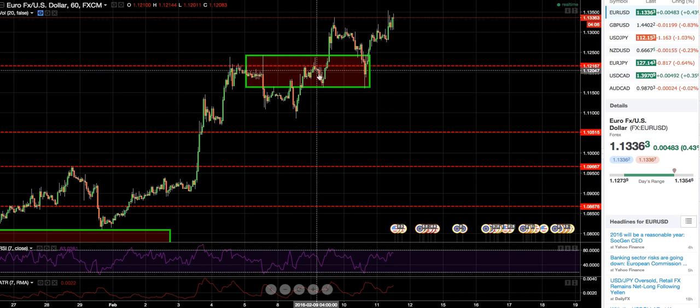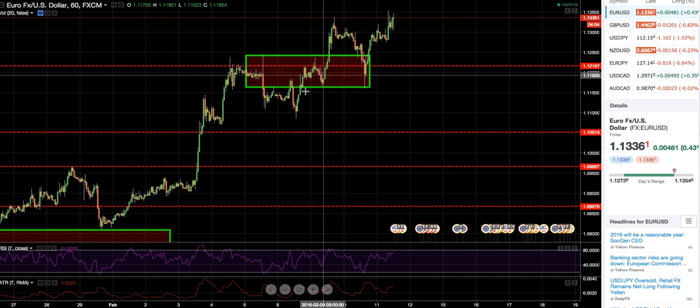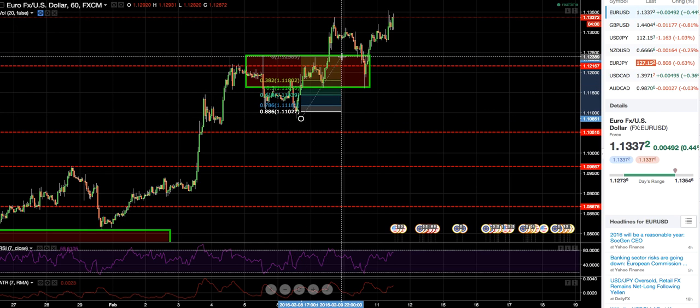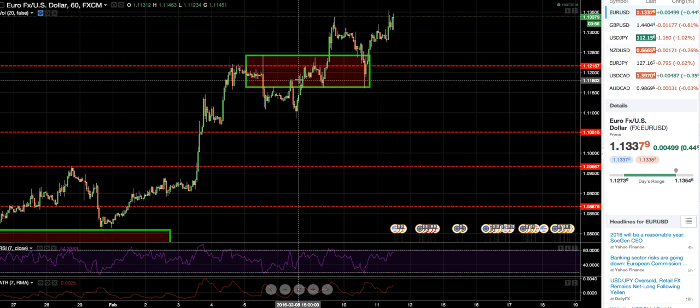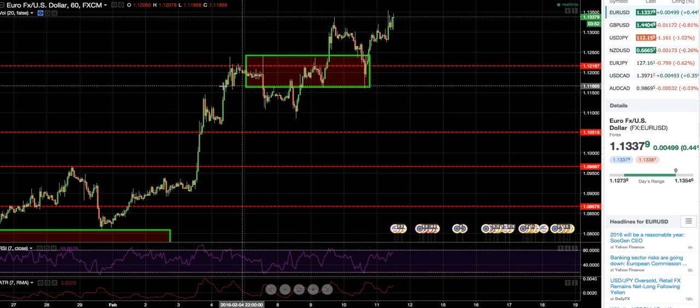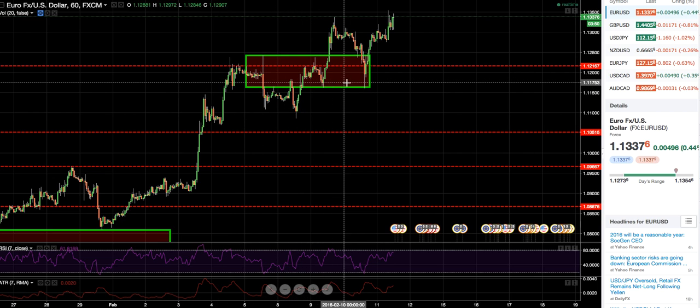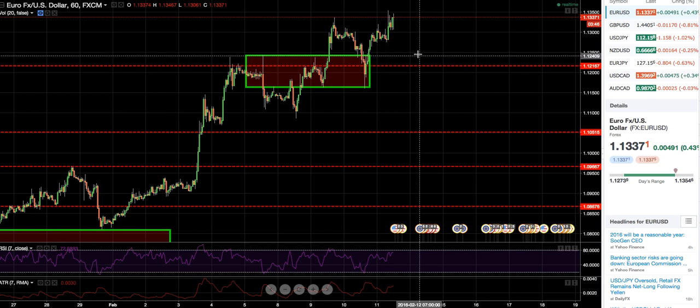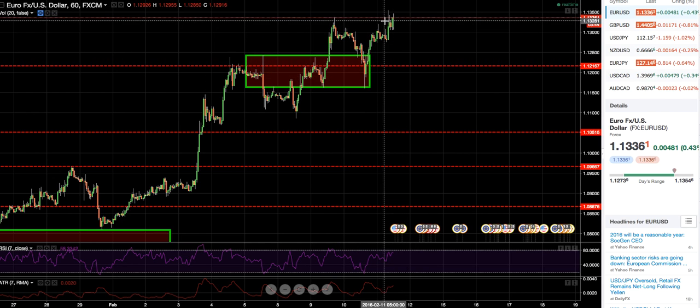If you guys went short right here, I'm not sure you made your targets. You may have made your first targets if you put your stops at this structure point right here somewhere. But let's take a look at what the euro's doing right now.